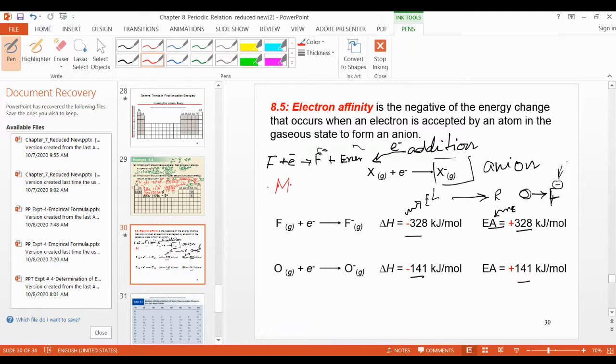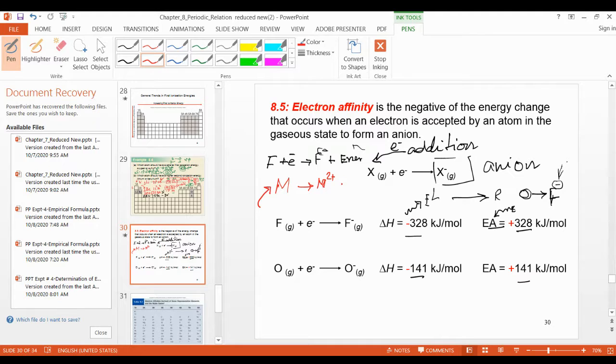Remember that electron affinity is always concerned with the non-metal, and ionization energy is always concerned with the metal. This is the difference, right? The ionization energy of metals is greater compared to non-metals, but the electron affinity of non-metals is higher compared to metals. In a metal, when you add the energy required to remove the electron, you get a 2 plus or 1 plus metal ion.